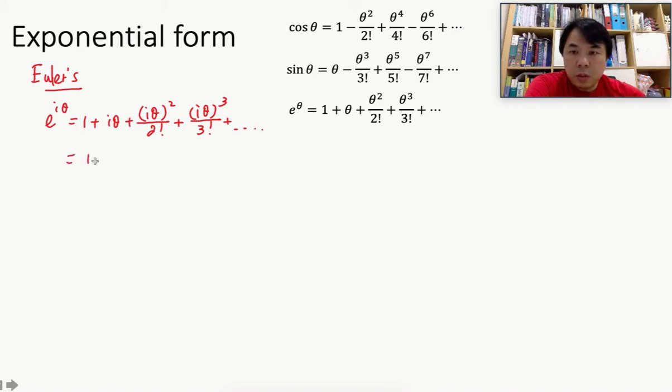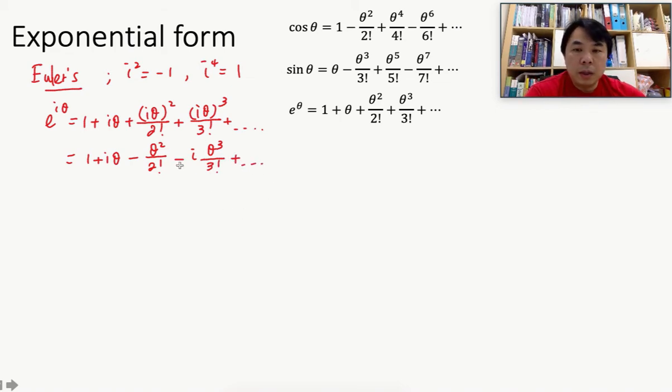We will get 1 plus i theta, and then just to recap, i squared is an imaginary number that represents -1 here. We also need to know that i to the power of 4 is actually 1. So for that, I will get theta squared over 2 factorial, and then this one will be i theta cubed over 3 factorial, and so on and so forth.